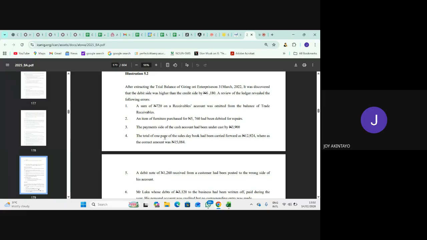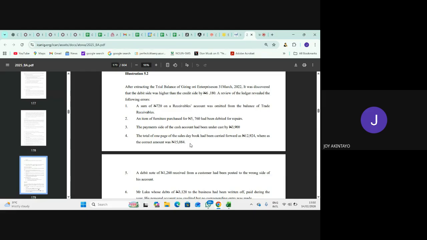The total of one page of the sales day book had been carried forward as 12,924, whereas the correct amount was 15,084. What happened? There is undercast. We've undercast our sales accounts and the receivables accounts. Which kind of error is that?